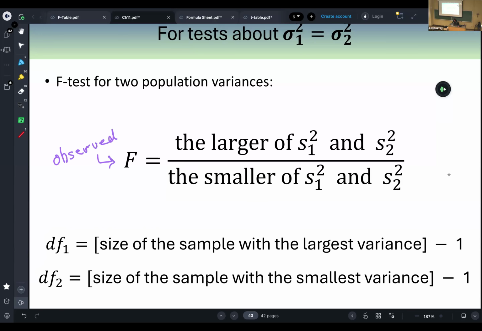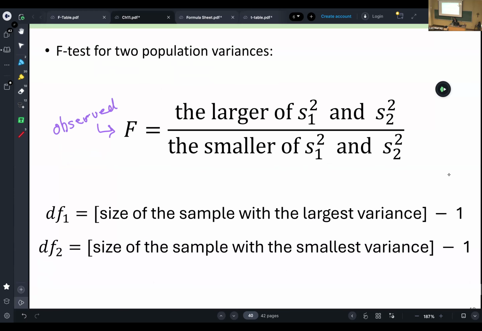Just like what we just did, we had the observed Z value, and then we had the critical value. Anyone remember the difference? The critical value is the table value. That's from the table. The observed value is collected and calculated from the data.